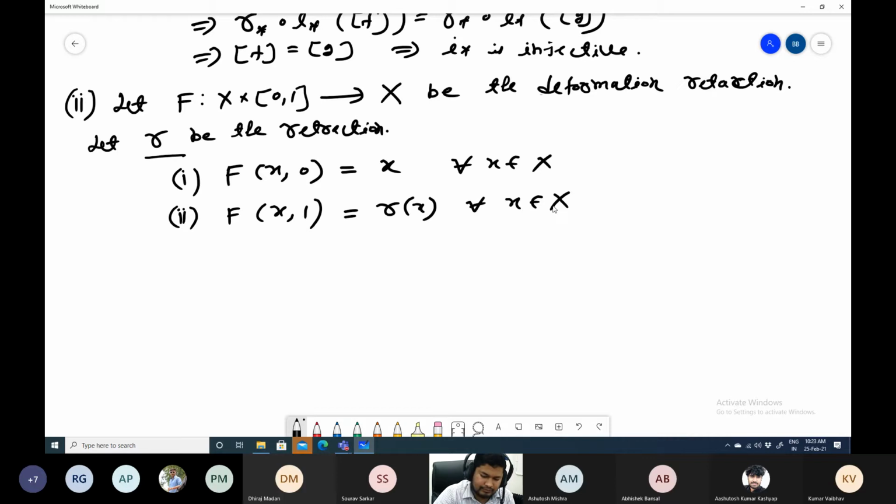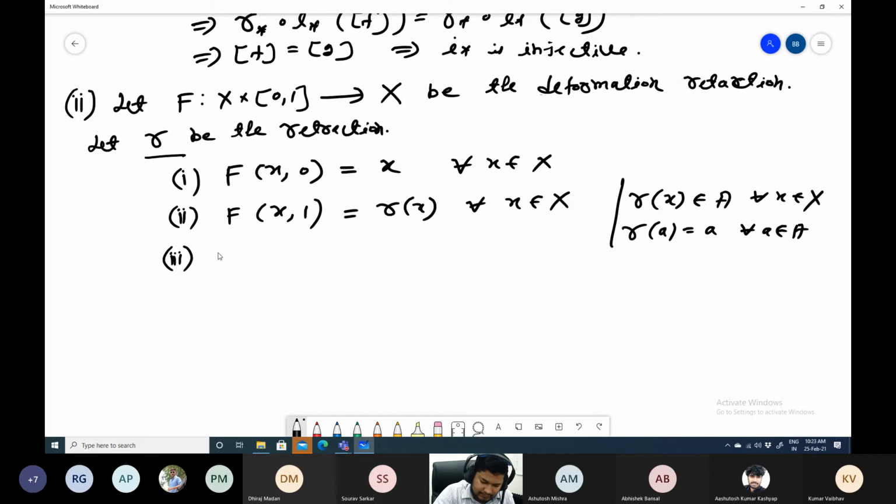And retraction means R of x belongs to A, and R of a equals a for all a belongs to A, for all x belongs to X. So this is the property of R. And third, f of (a, t) is also a for all a belongs to A. Now we have these three.